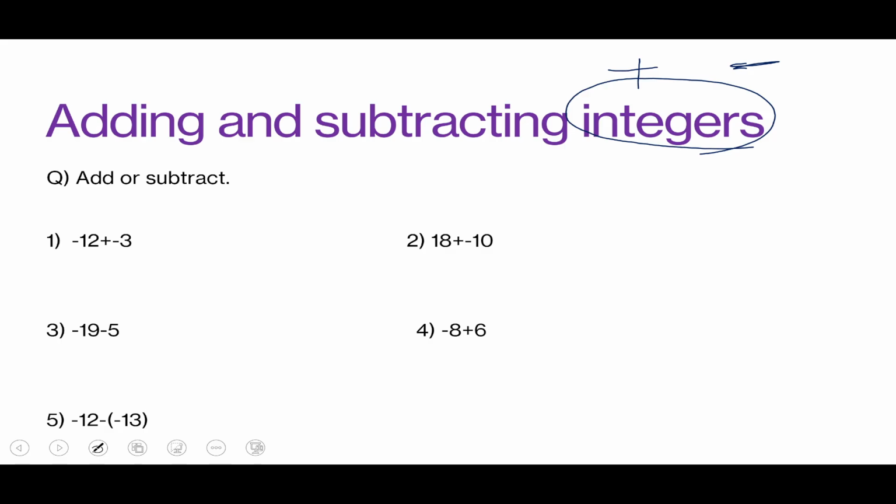Instead of memorizing, I'm going to explain something which is very new. For example, for adding and subtracting, let's say we have a girl and a boy. Let's represent the girls as negative and the boys as positive, the sign. It's just an example.